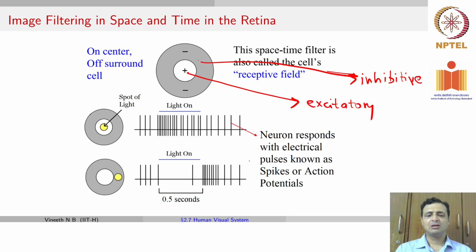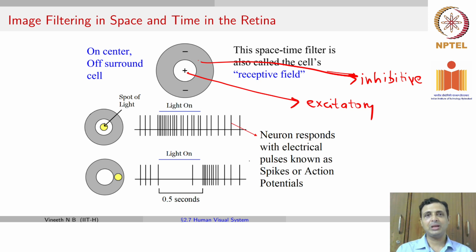So what happens? Remember, at the end of the day, we will see this as we go through this lecture, that even the eye acts as image filters, and that's the reason we are talking about it now. Having discussed image filters, edges, features, so on and so forth, it's perhaps the right time to relate what we've discussed so far to how things happen in the human visual system.